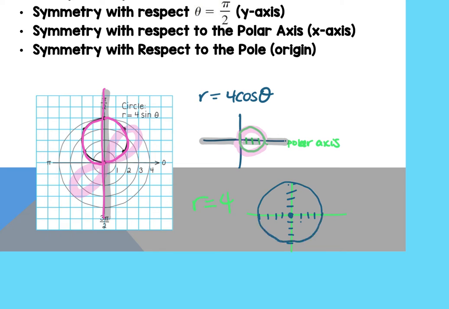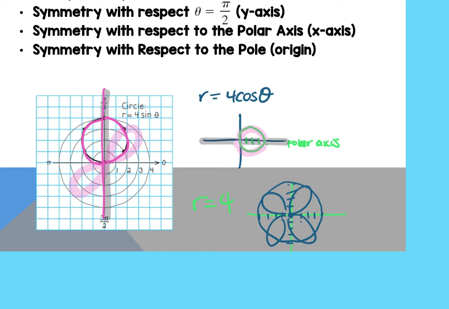That's the only simple one in which there's not even anything to plug points in. You know that you have a radius of 4 in all directions, right? So that would have symmetry to the pole, to the pi over 2 line, and to the polar axis. That and a rose that's in each quadrant, which we'll get to later.